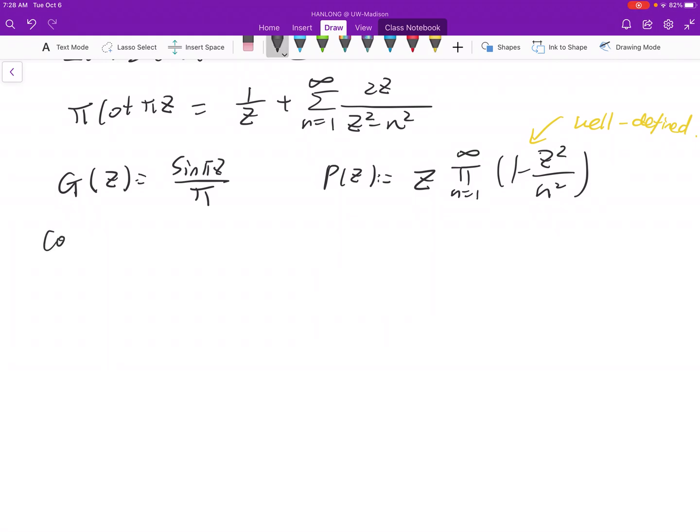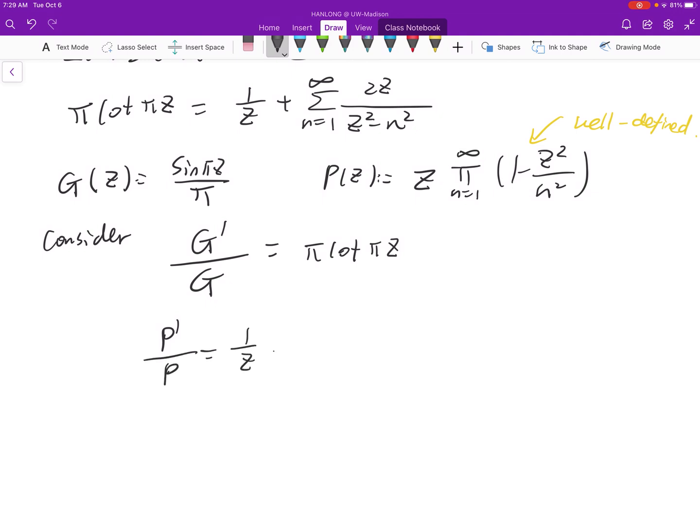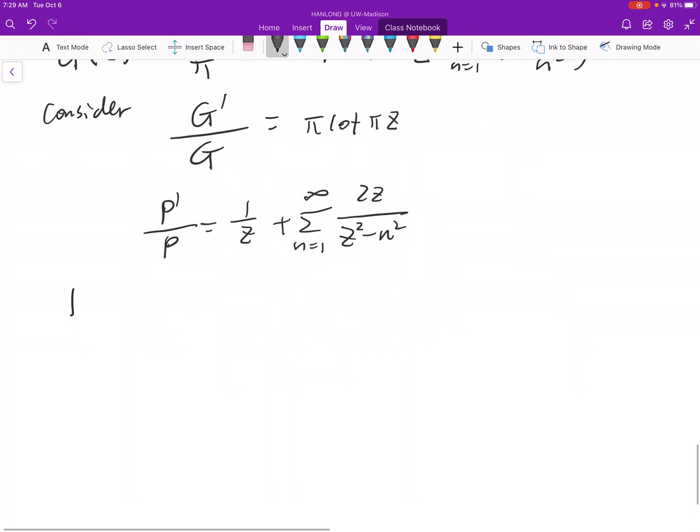Now consider the derivative of g divided by g, which is just pi cotangent pi z, and the derivative of p divided by p is 1 over z plus the summation of 2z divided by z squared minus n squared. Therefore, if you compute the derivative of p over g, you will find this is identically 0.